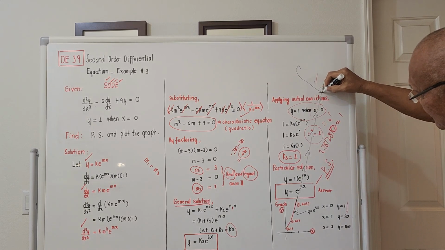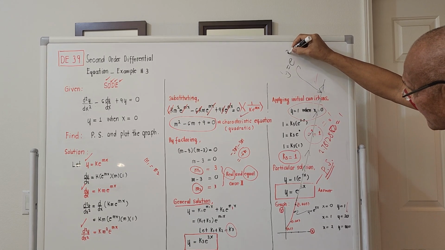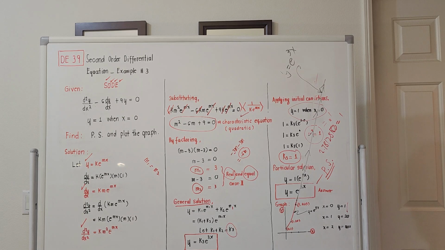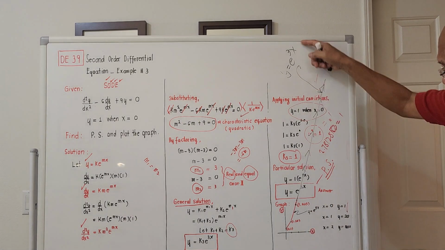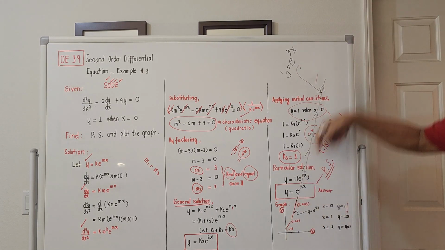And the graph of this is actually y equal to e to the 3x. That's the importance of this differential equation in real life, much more on the design of those flying objects. Y equal to e to the 3x, the graph is something like this, abruptly going up.